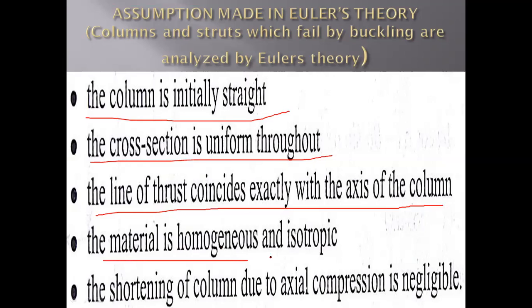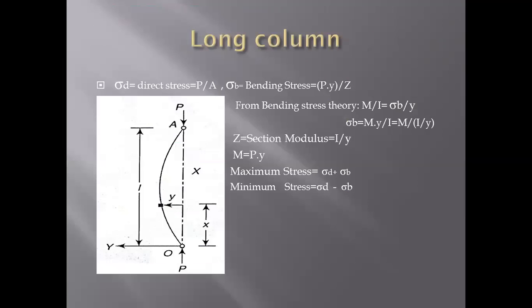The material is homogeneous and isotropic. The shortening of column due to axial compression is negligible. So these are some assumptions normally asked in the examination.